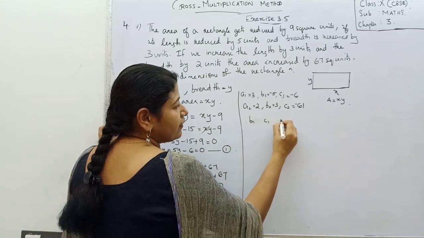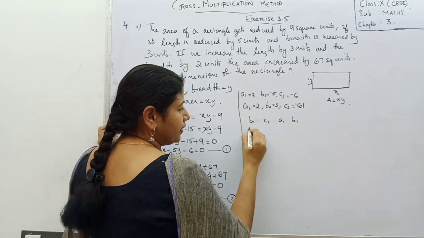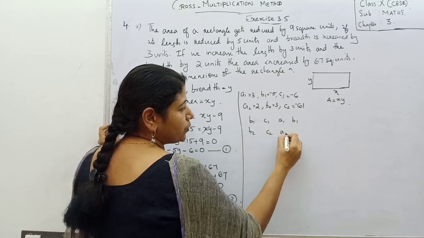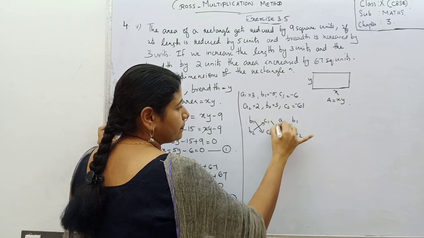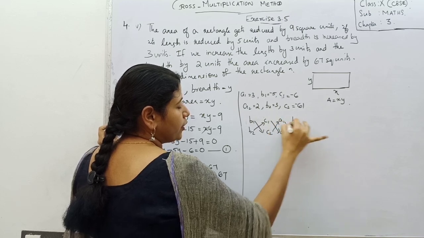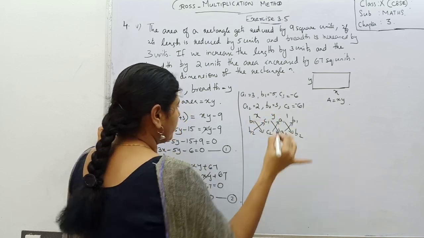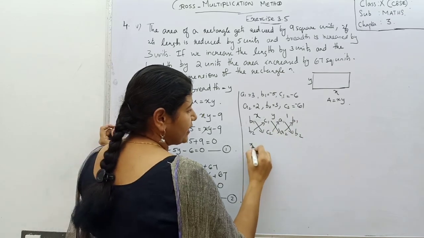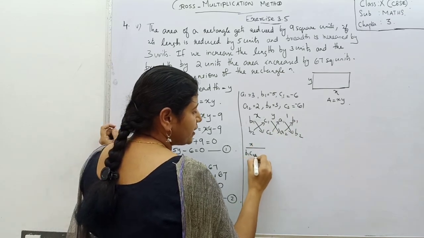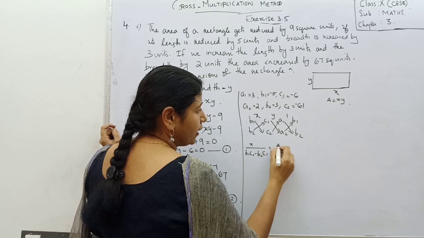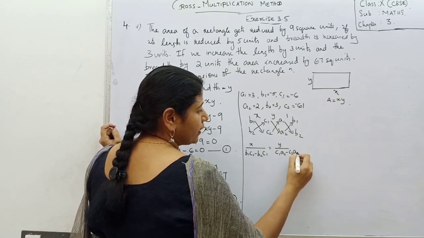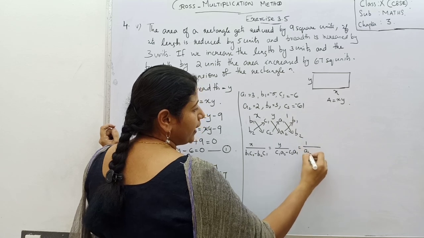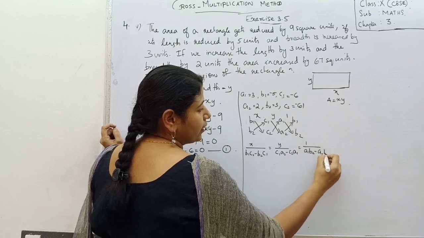Cross multiply b1, c1, a1, b1, b2, c2, a2, b2. Use x, y and 1. So we can write x by b1c2 minus b2c1 equal y by c1a2 minus c2a1 equal 1 by a1b2 minus a2b1.